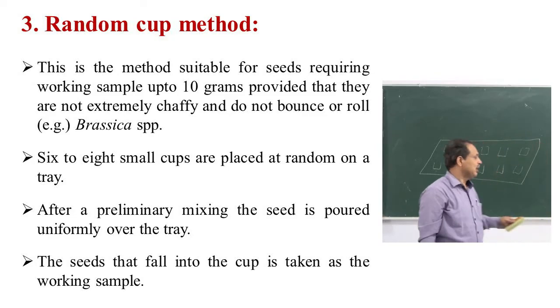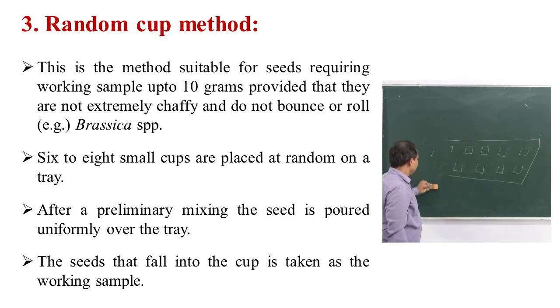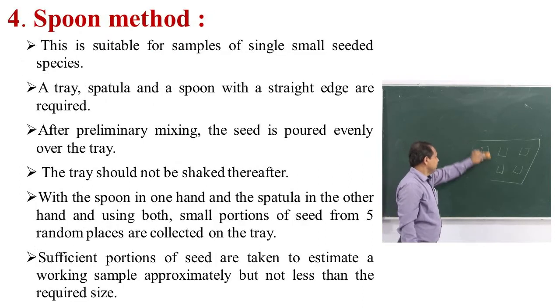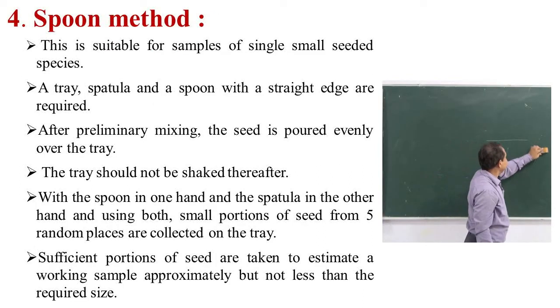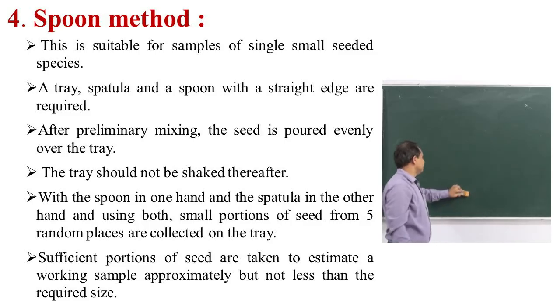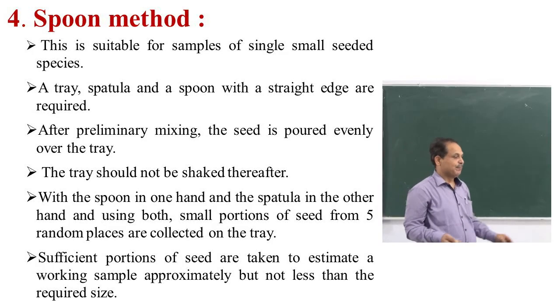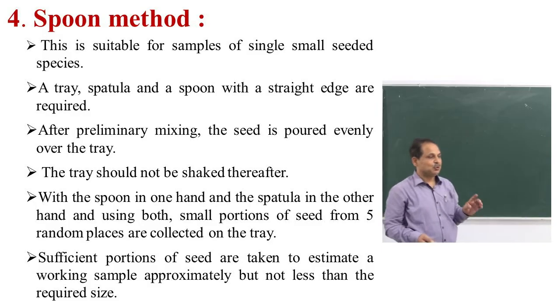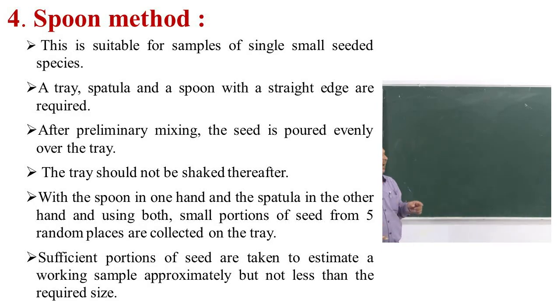The next one, the fourth method of reducing to get the working samples, is the spoon method of seed sampling. In that case, we use a spatula and a spoon having a flattened end. The spoon must not be oval shaped, not like this, but it should have a flattened end.